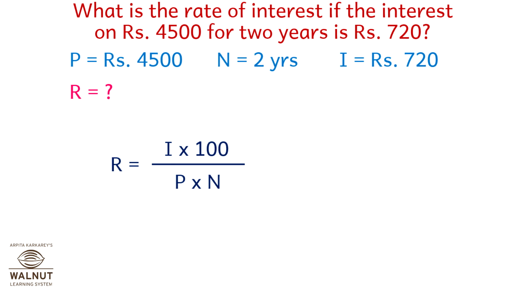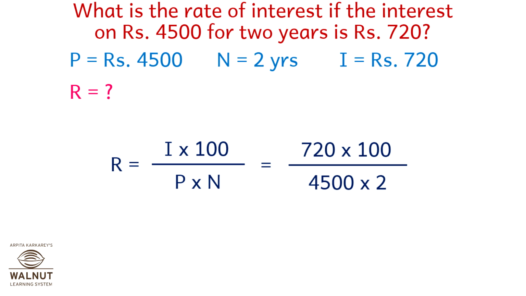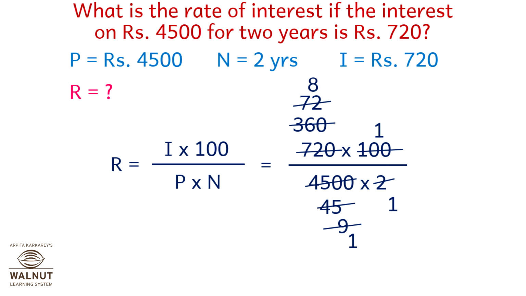R is I into 100 upon P into N. So we have 720 into 100 upon 4500 into 2. 100 ones are 100. 100 45s are 4500. 2 ones are 2. 2 into 360 is 720. 5 nines are 45. And 5 72s are 360. 9 ones are 9. 9 eights are 72. So we have the answer as 8% per annum.